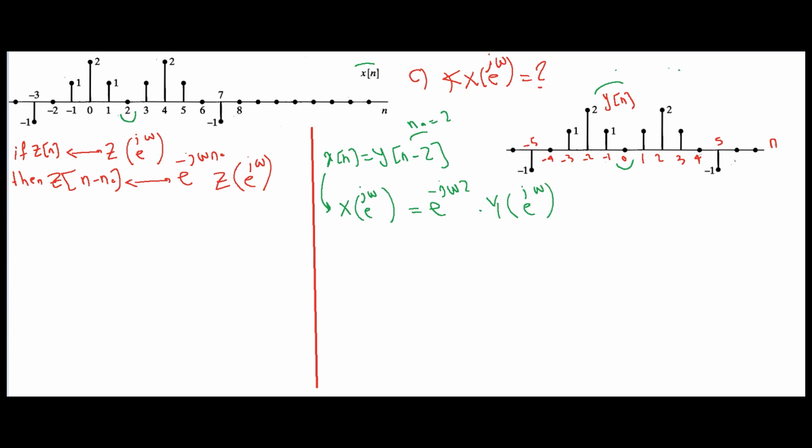Any Fourier transform can be written in magnitude-phase form. That is, we can express it as the magnitude multiplied by e to the power j phase.